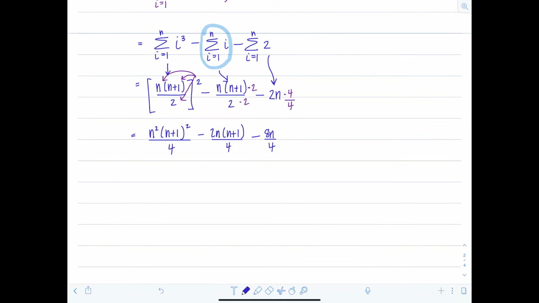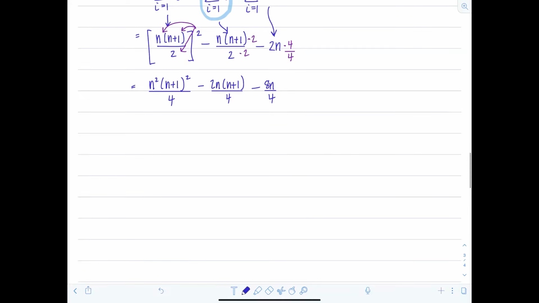All right. And then now I can write everything over the same denominator and then just work on simplifying all the terms in the numerator. So I'm going to have n squared times n squared plus 2n plus 1 minus 2n squared minus 2n minus 8n, all over 4.